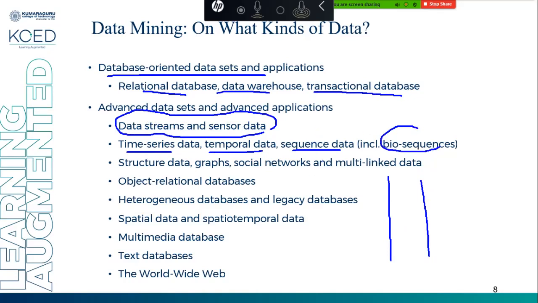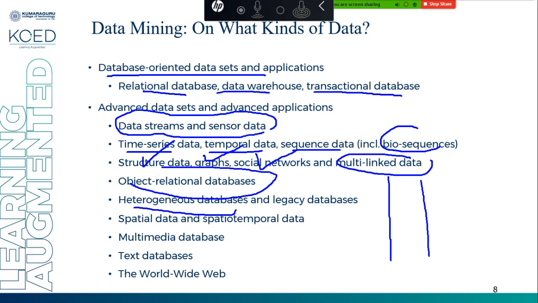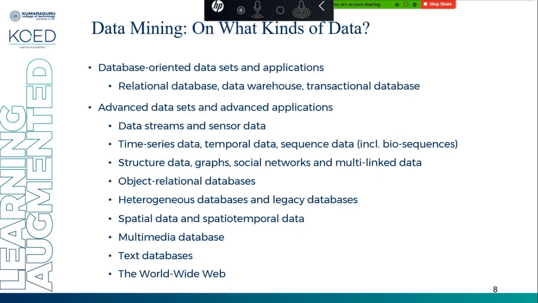There are also biosequence data, structured data, graphs, social networks, multi-linked data, object data from object-relational databases, heterogeneous databases, legacy databases, spatial databases and spatiotemporal data, satellite data regarding geography, multimedia databases, and text data from the World Wide Web. So different kinds of data are available, and we have to apply data mining techniques based on the need.